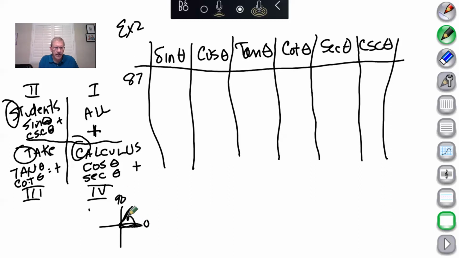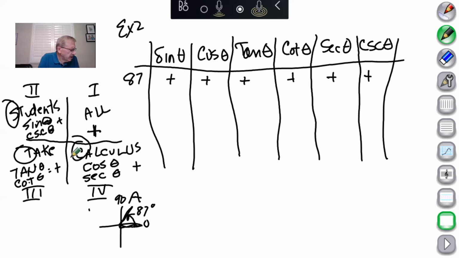The angle is counterclockwise, and that's theta right there. So in this case, this is 87 degrees. That's what theta equals. And we know that all the functions in this quadrant, I'll put an A, are positive. So we just put all plus signs. We're trying to determine which ones are positive and which ones are negative.